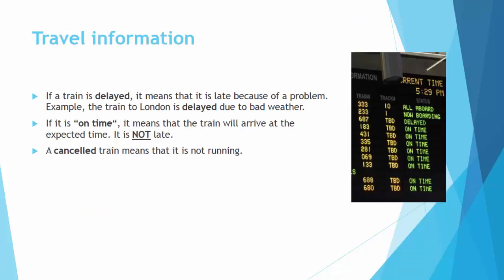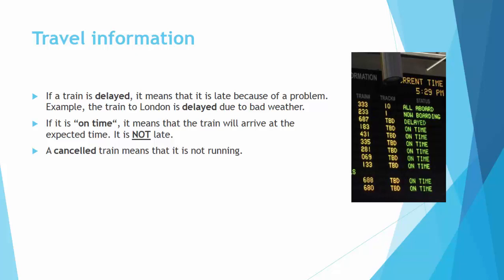And the next is travel information. If a train is delayed, it means that it is late because of a problem. Example: the train to London is delayed due to bad weather.